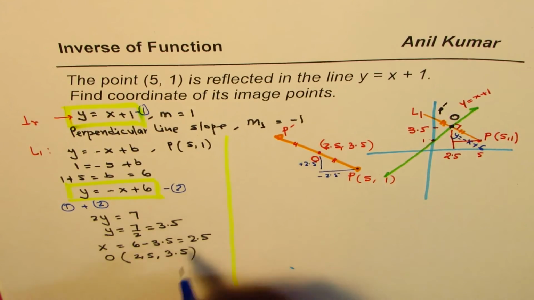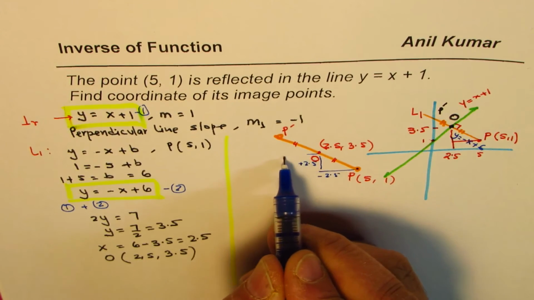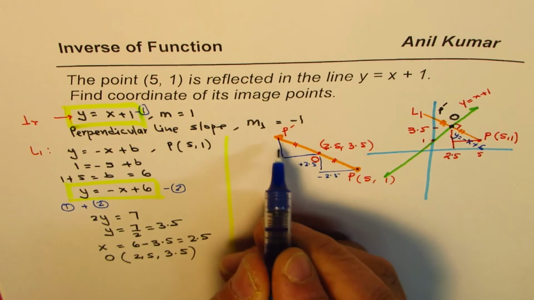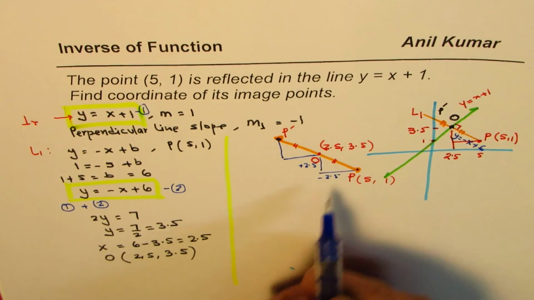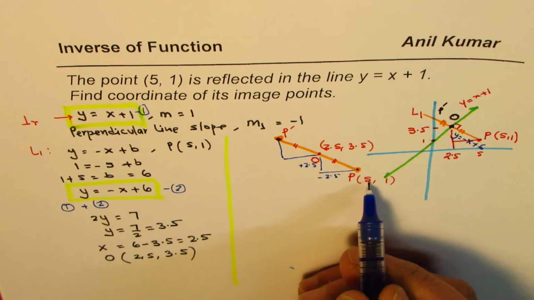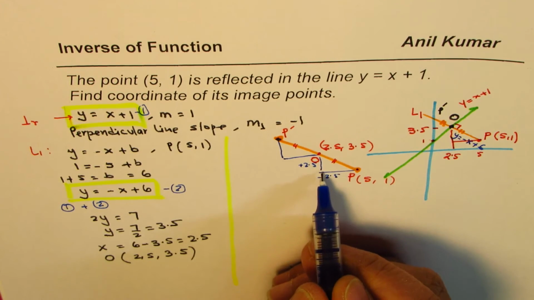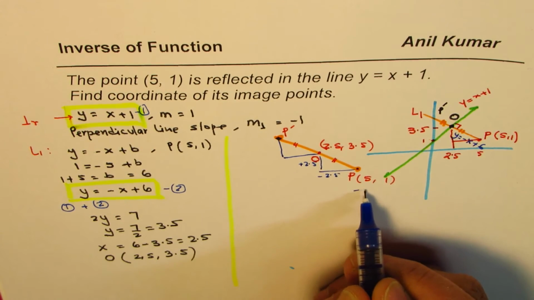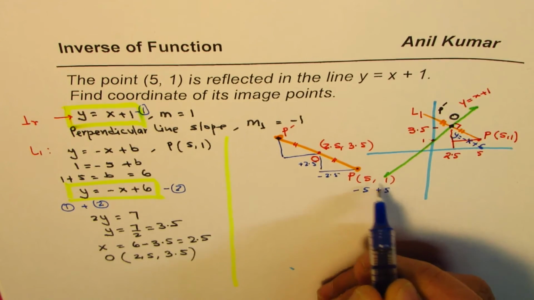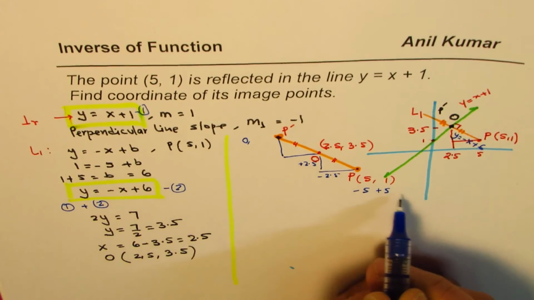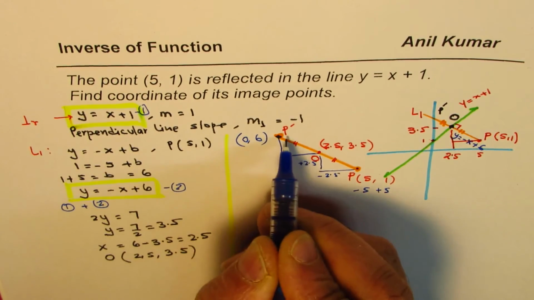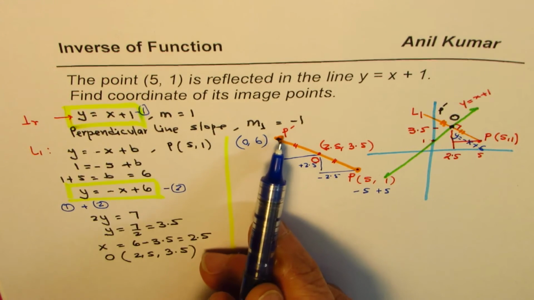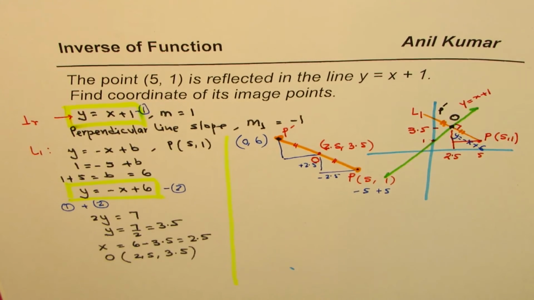And came to the center. So if I again repeat this process, minus 2.5 and up 2.5, I'm going to get to this point. That is to say, I'm taking away 5 and adding 5 to get to this place. So if I do that, that is minus 5 and plus 5, I get the point 0, 6. Do you see that? So I get P as 0, 6. So that's an easy way of finding P dash, the image.